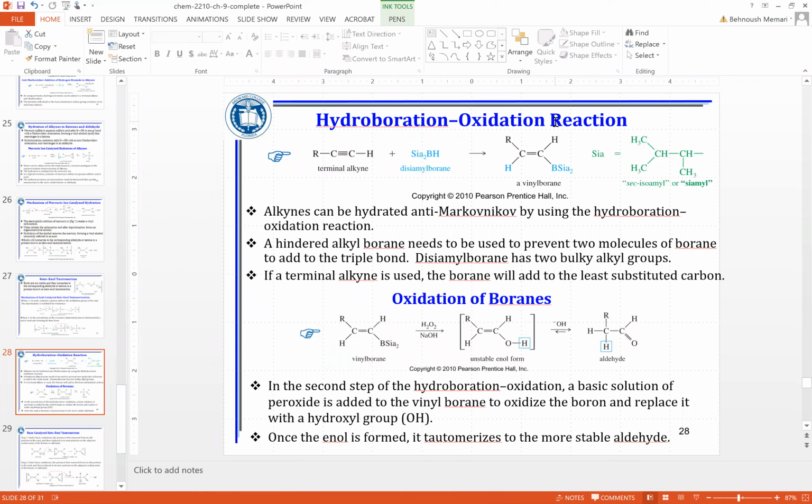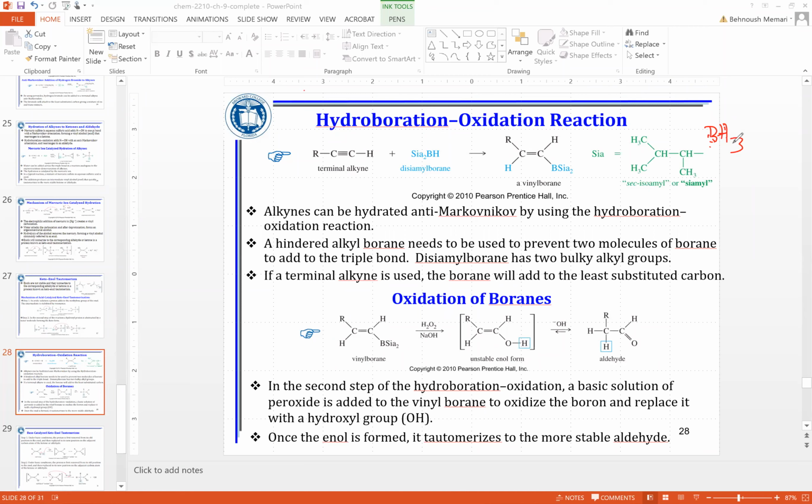Okay, the next reaction is addition of water, but this time it's anti-Markovnikov addition of water. We have heard about this hydroboration-oxidation reaction. With hydroboration-oxidation, when you only want to have one water molecule added, instead of using BH3, you would use poisoned BH3.